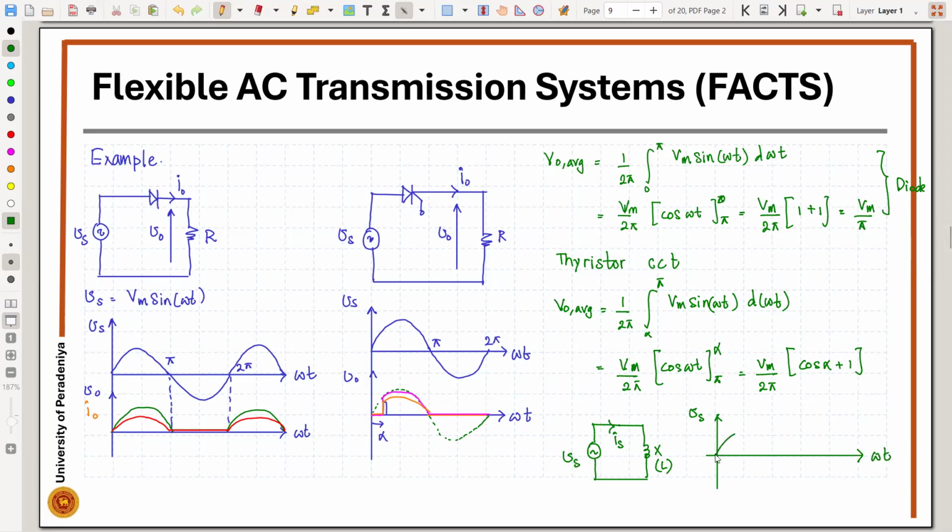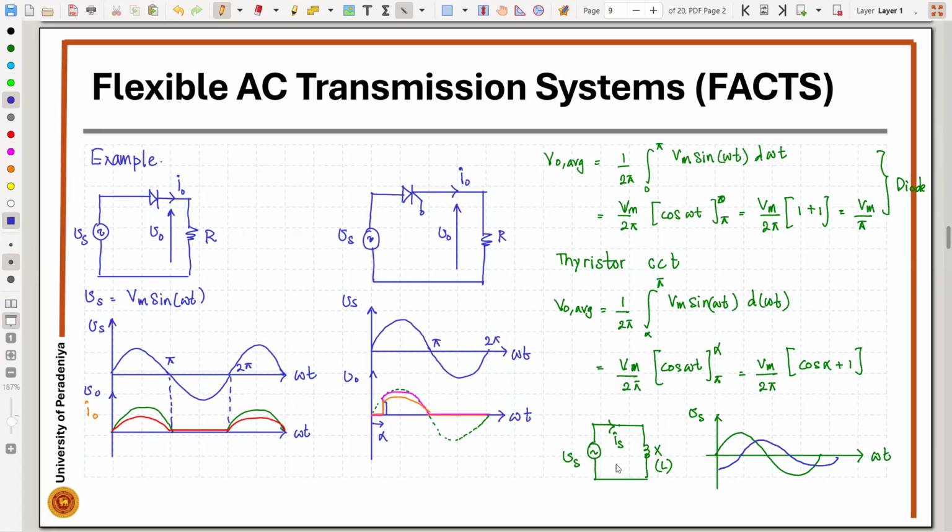If we have Vs like this, then Is is going to be lagging by 90 degrees. Which means that when we have a positive voltage, the current is going to be negative. So there will be negative current flow when the voltage is positive.